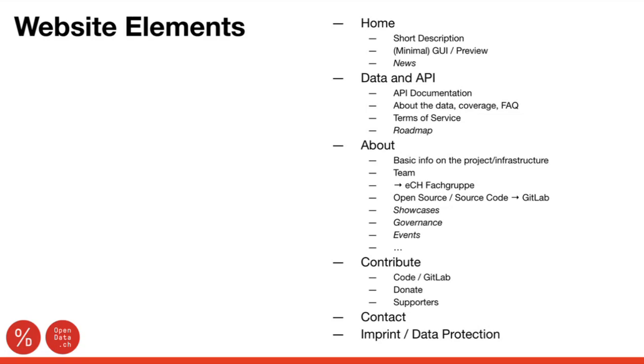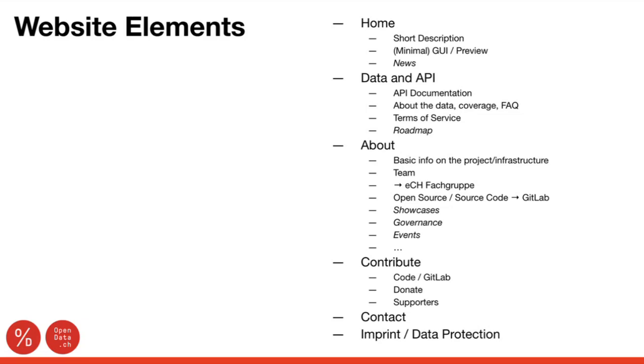Yeah, and then maybe we're also going to have some sort of news section, maybe some other categories on the home page. Then I think one of the most important pages is going to be the one on the data and the API.